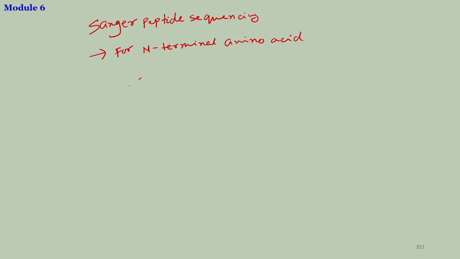Sanger method is used for that. Of course, we have seen that this is a chemical method, and you usually use this compound, an aromatic compound with a fluoride here and 2 nitro groups. This is the reagent that is used for Sanger's method initially.